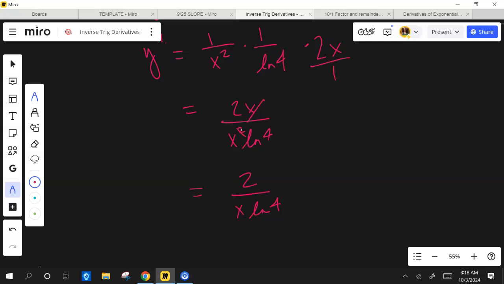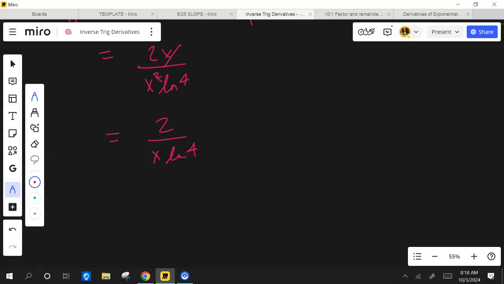You can do that. Bet. You agree with that? 4 is not 2 squared. But log property. They were asking, they said that you couldn't simplify that anymore, and I said, actually, you could if you did that.